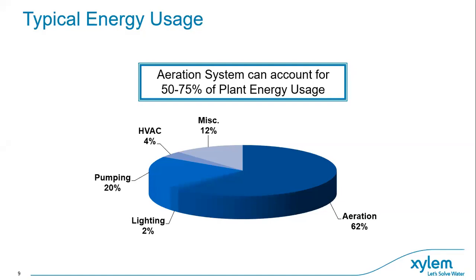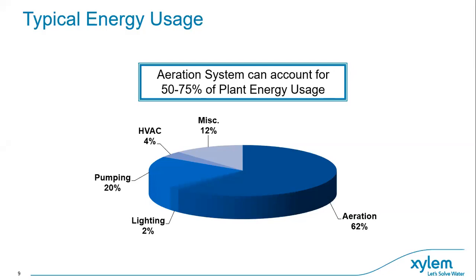So as we already mentioned, we're going to focus today on the secondary biological treatment step. The main reason for that, as you can see here, is that out of the wastewater treatment cycle, around 62% of the energy used in the wastewater treatment plant is the aeration part. So that's made up of power to blowers to provide air into the aeration system.